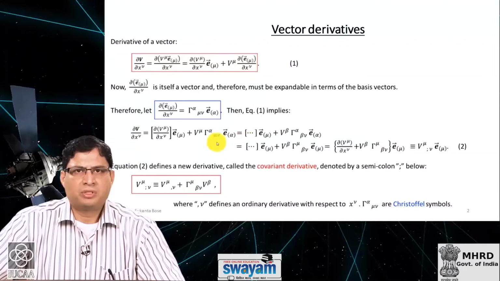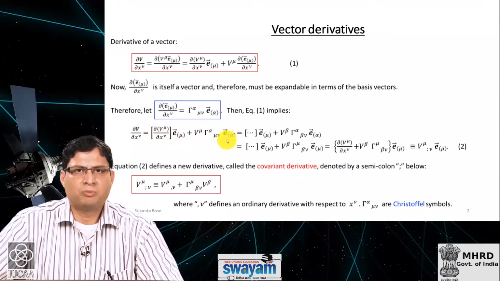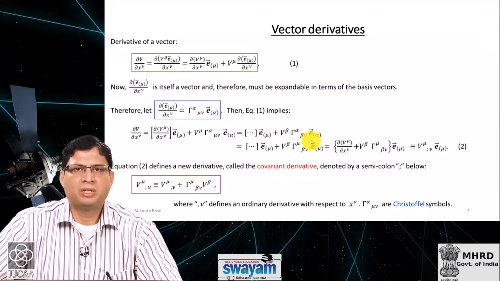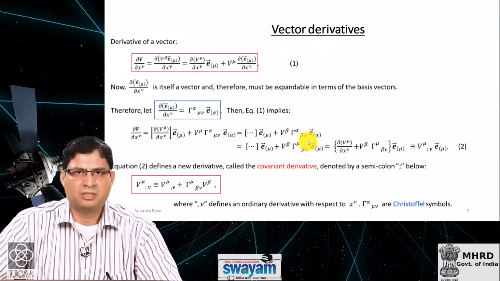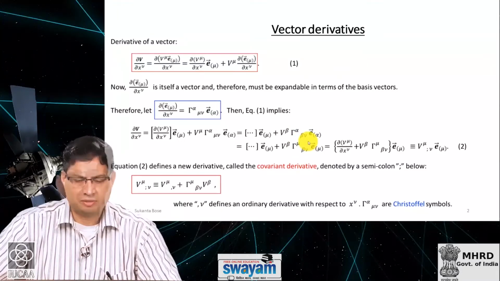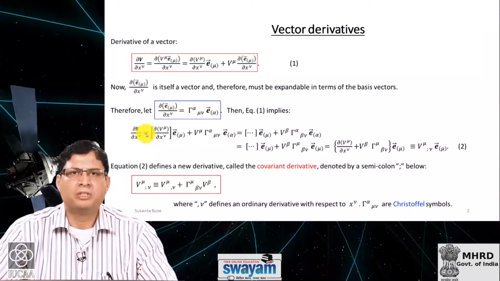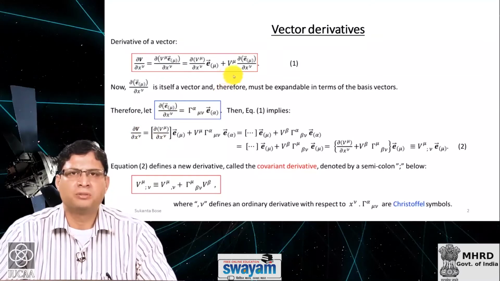For the remaining few steps, I am going to replace the first term with just these square brackets times e mu, because that is going to remain the same, and it allows us to focus on the second term, which is where we will simply manipulate some of the indices for convenience. So, the next thing we will do is substitute in equation 1 this Christoffel symbol expansion for the derivative of the basis vector.